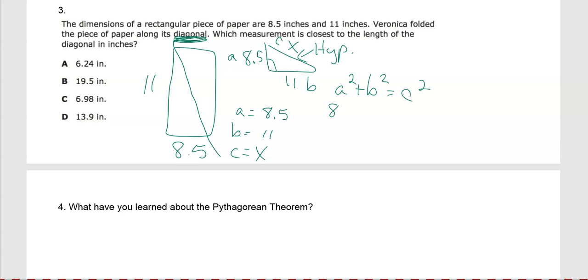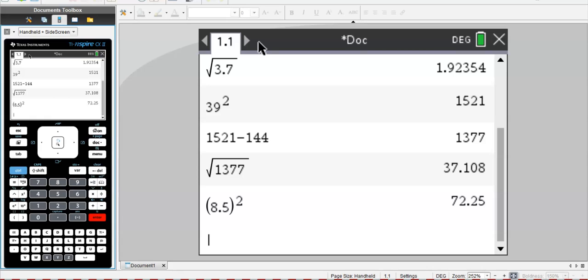So then we have 8.5 squared plus 11 squared equals C squared. I don't happen to know off the top of my head what 8.5 squared is, but I do know that 11 squared is 121. But let's just go ahead and rely on our trusty calculator, which apparently is 72.25.